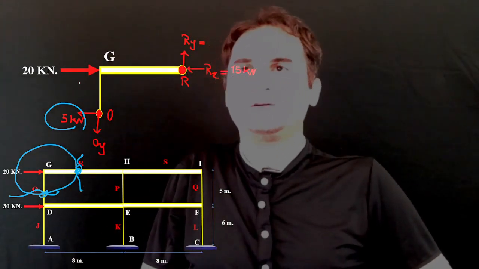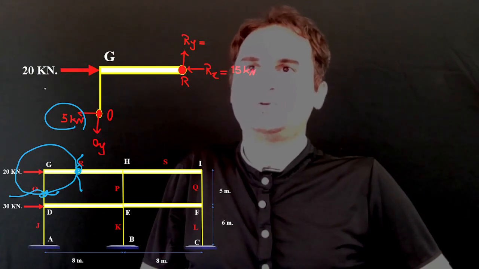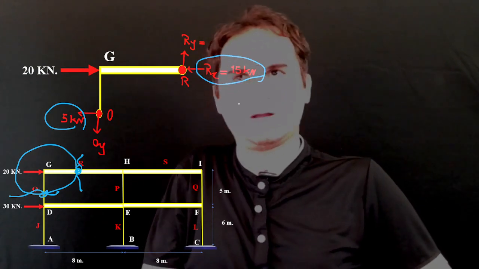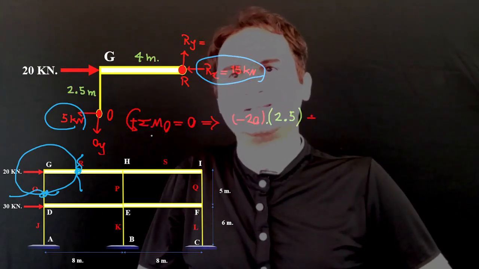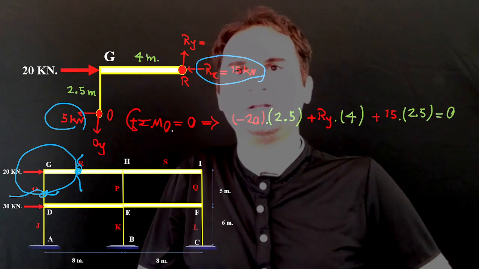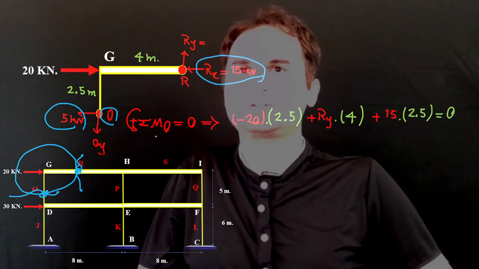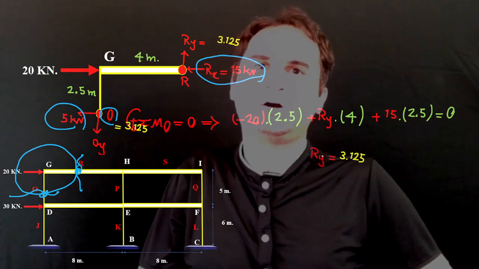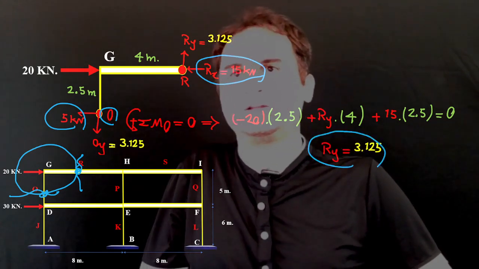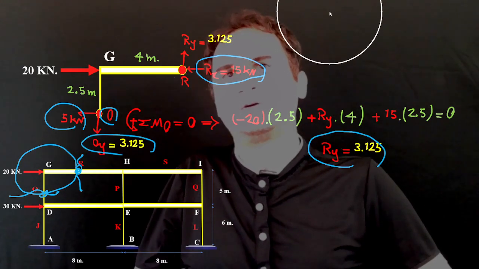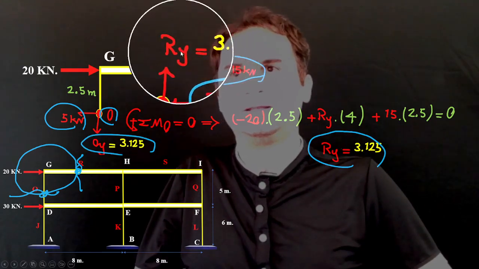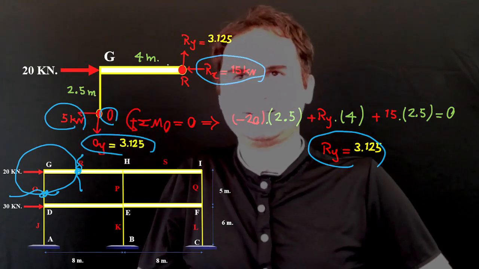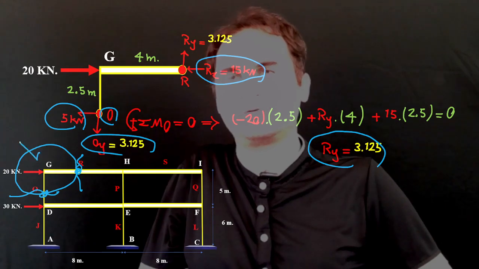So if this is 20, this is 5, Rx is simply 15 due to balance, and by a simple summation of moment about point O equal to 0, it just gives us negative 20 times 2.5, and the only unknown is Ry. It just gives us what Ry is, and then what Oy is from summation of all forces in that part of our structure.